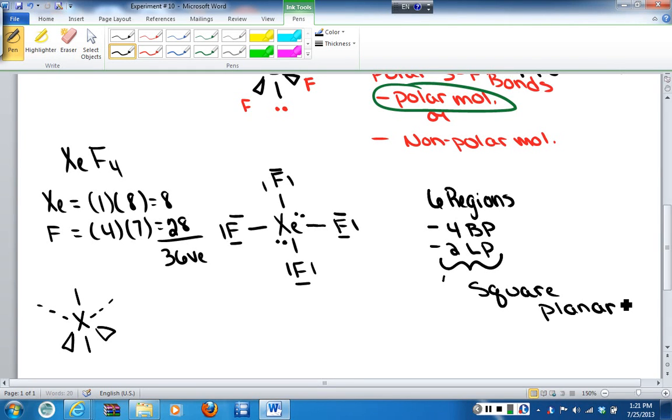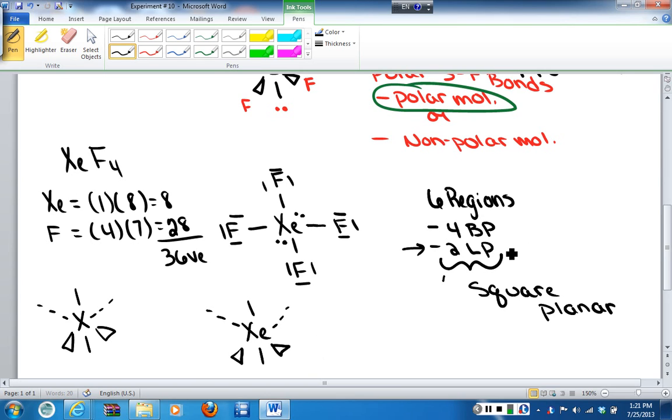So, we draw our xenon, we have our bonds in plane, we have our bonds going behind and coming in front. Now, in the previous example, it did not matter where we put our lone pair. We could put it in any of those 6 bond positions. But for this particular structure, when we have more than one lone pair, in this case 2 lone pairs, we have to put them opposite each other.